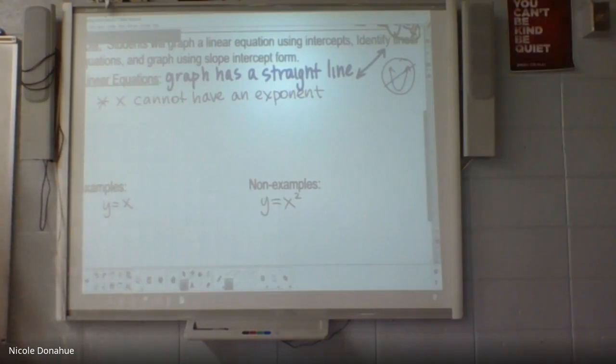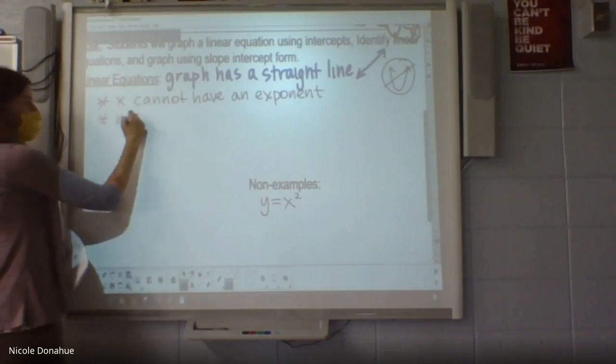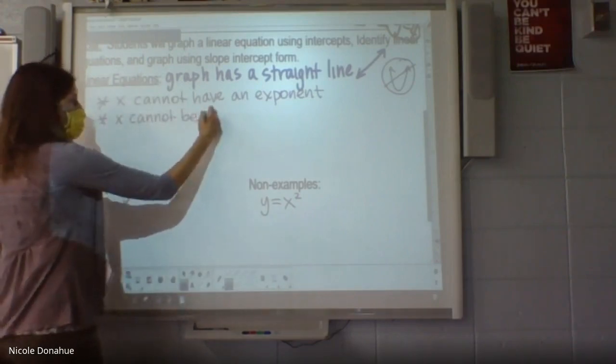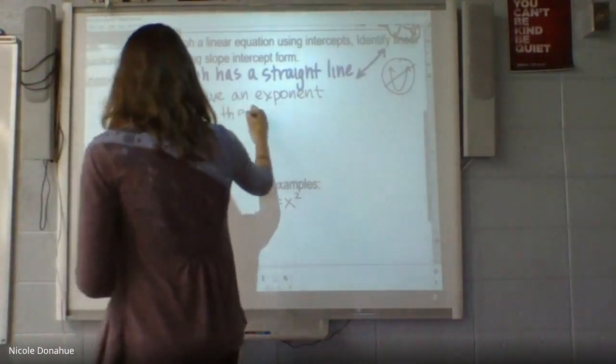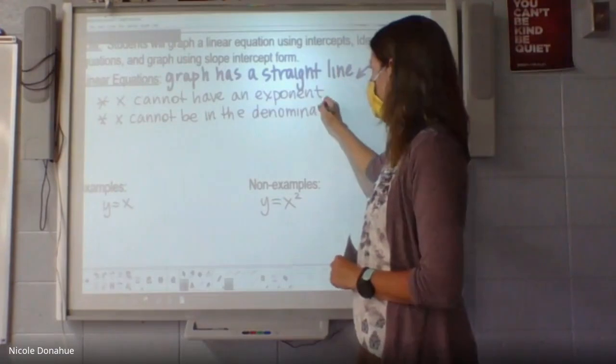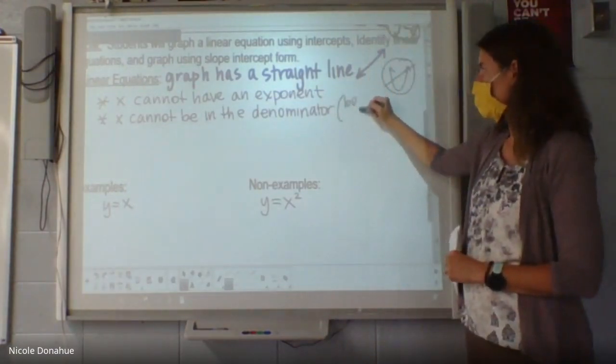The next one is x can't be in the denominator. As soon as you put x in the bottom of the fraction, it becomes nonlinear. Just a reminder, the denominator is the bottom of the fraction.